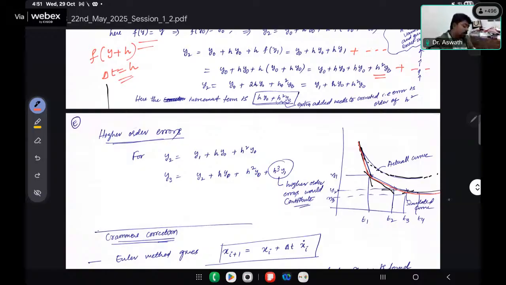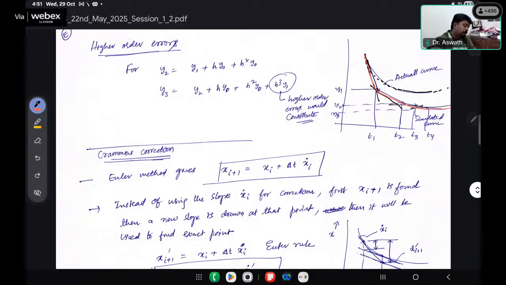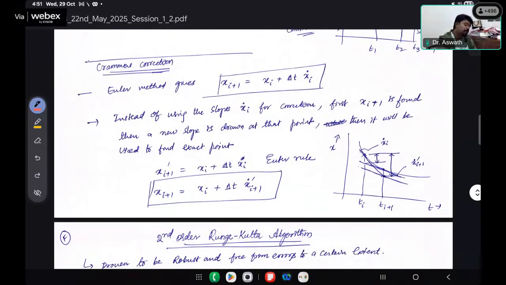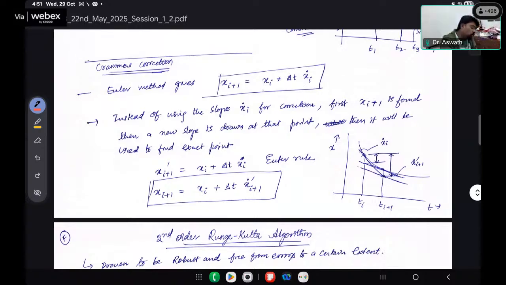So people have come up with a new correction term, called Cramer's correction. What is it? Using the old value and the derivative function, multiplying the derivative function with delta t, you get a new value, which is away from the actual curve. So what you do is take that new point and again draw a slope at that new point.